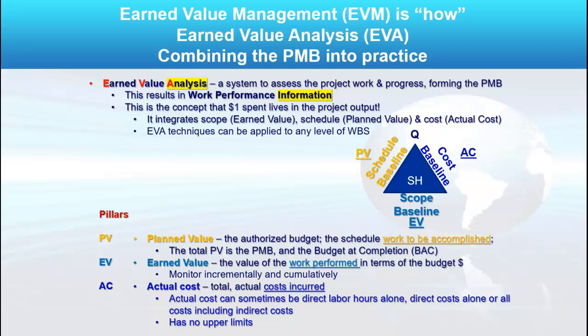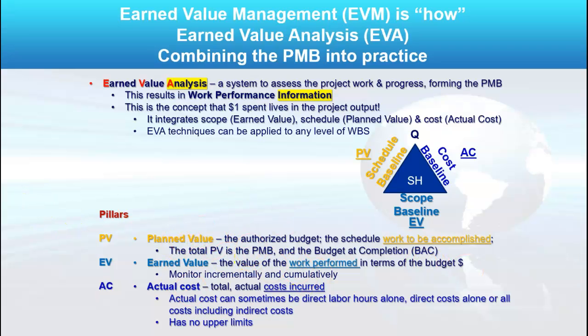The concept, as I mentioned, is that a dollar spent isn't just gone from the checkbook, but it lives in the project itself, in the output, right? So the dollar still is alive. And it integrates earned value, which is scope, and planned value, which is schedule, and actual cost, which is cost. So these are the definitions.